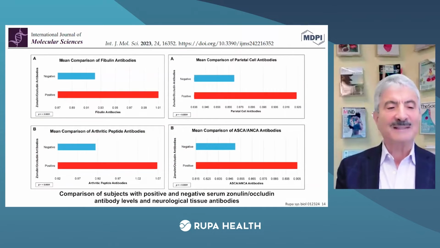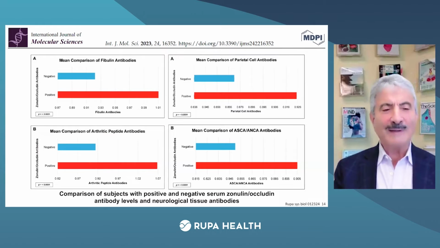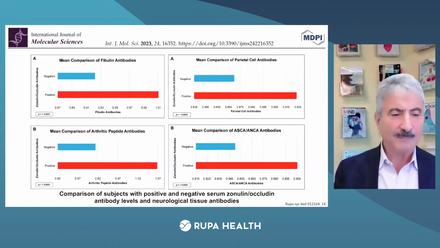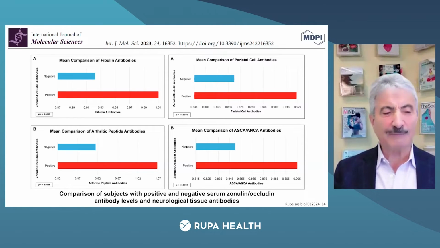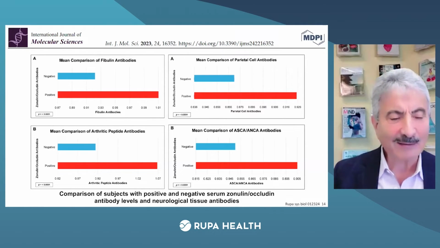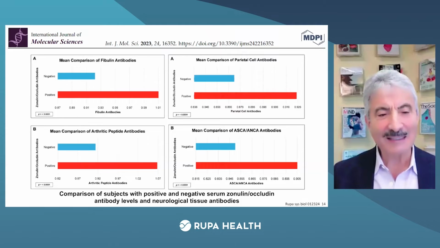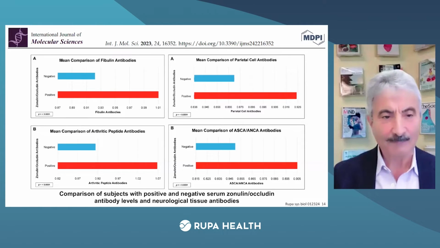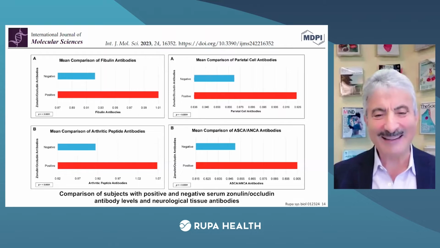And here are some examples. When they looked at fibrillin and arthritic peptide, antibodies that are detected in patients with arthritis and osteoarthritis, we see a huge difference. The blue is those with no leaky gut, and the red is individuals with leaky gut.